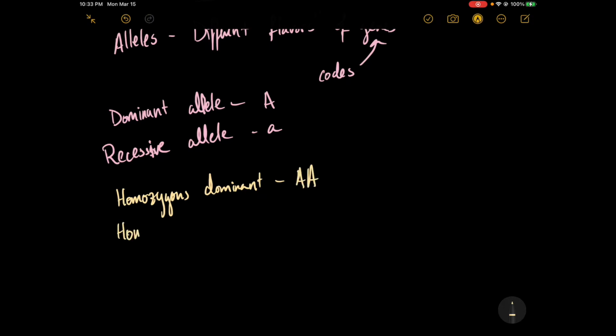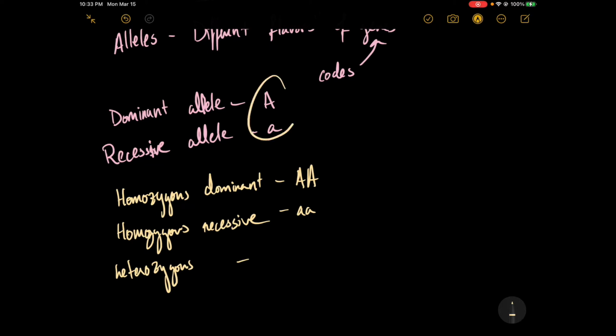Homozygous recessive is very similar, except it's going to be recessive instead of dominant. Heterozygous. Well, hetero indicates a mixture, so one parent probably would have provided the dominant allele, while the other parent would have provided the recessive allele. So it looks something of this nature.